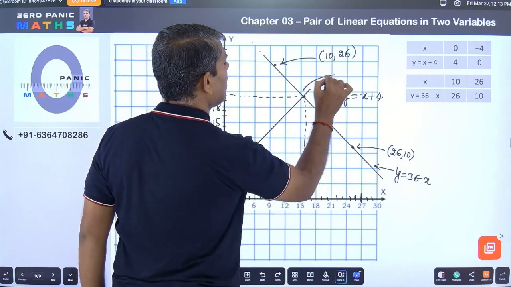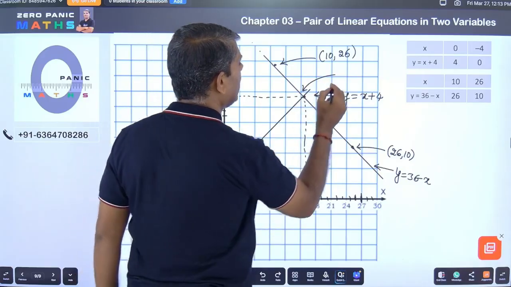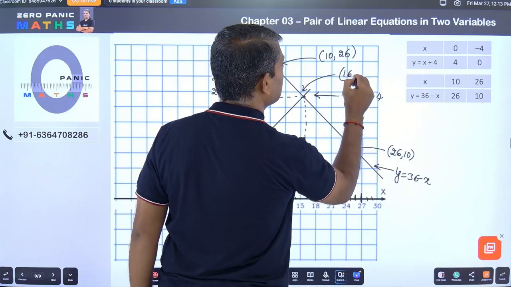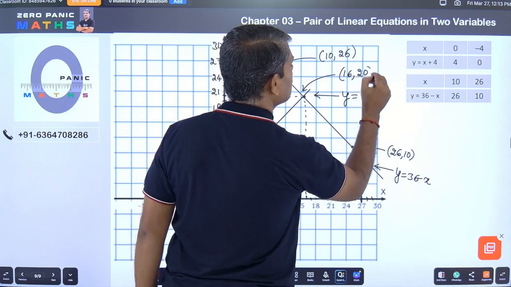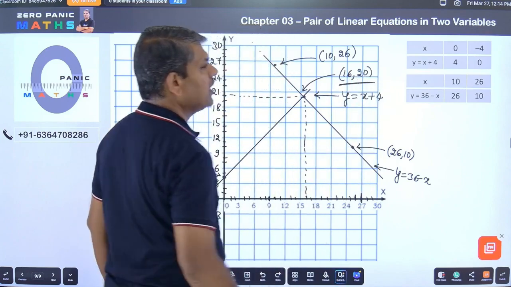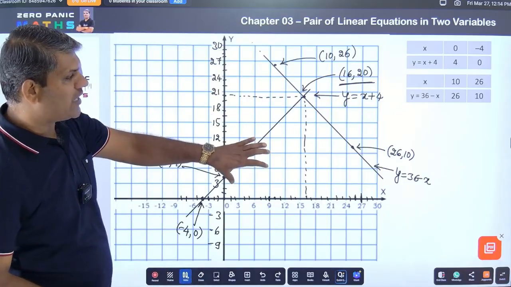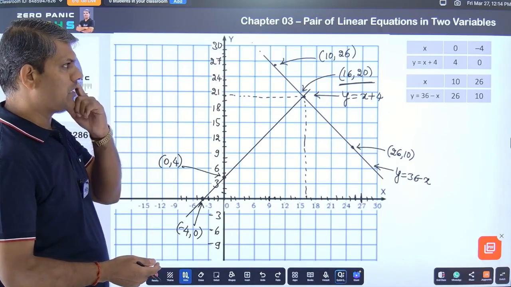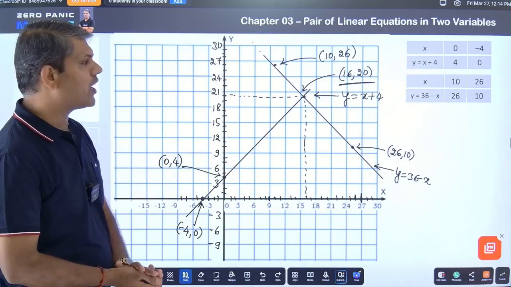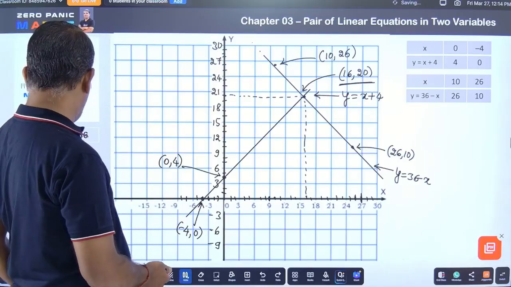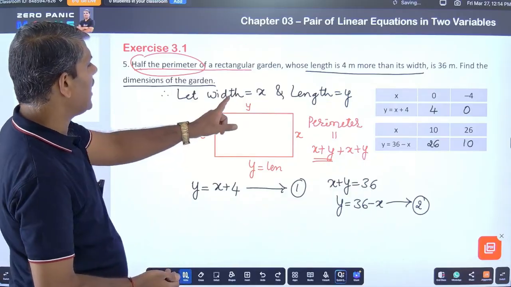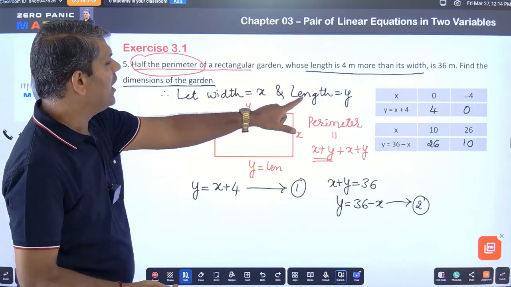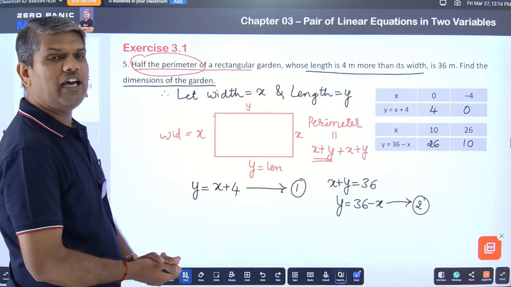So this coordinate is x 16 and y as 20. This is the coordinate where the two lines are intersecting each other, and that is the solution for us. What was required for us, what is x and what is y we considered. X is the width of the rectangle and y is the length of the rectangle.